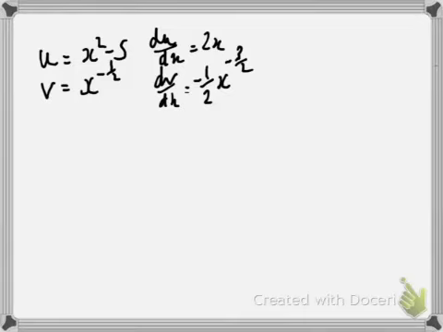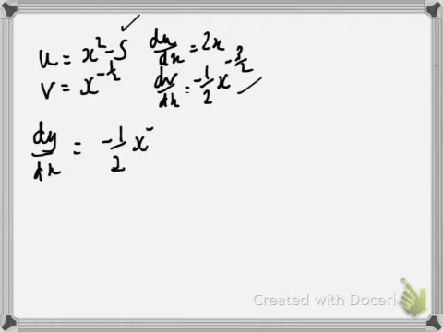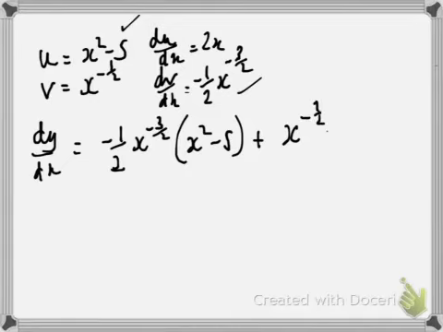So dy dx equals u times dv dx, in which I'm going to put the dv dx part of it first, times the u, x squared minus 5, plus v, which is x to the power of negative a half, multiplied by du dx, which is 2x. Let's remove brackets here.